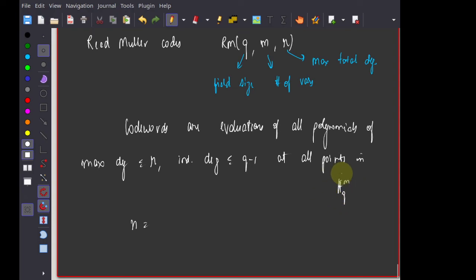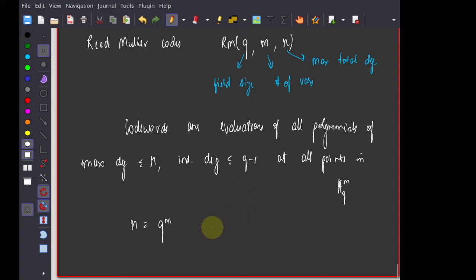How many points are there in this? Q to the M. So you're taking one polynomial, a single message, and evaluating it at all possible Q to the M points. So n, the block length, is exactly equal to Q to the power M.